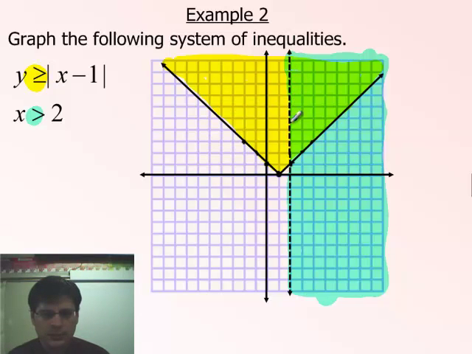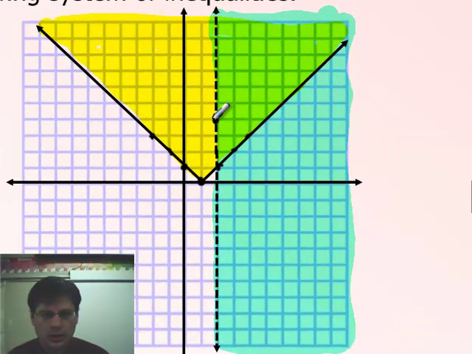So let me go ahead and try this point here. So this is the point 2, 4. Now it's right on the vertical line.